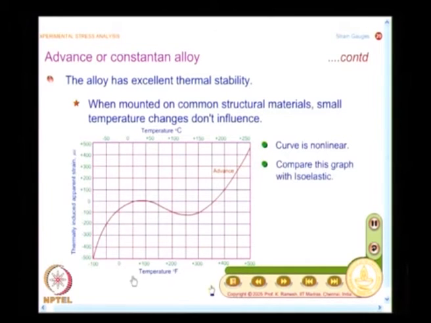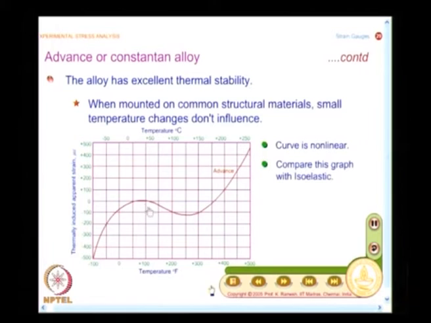So, what you have here is temperature in Fahrenheit on this axis, temperature in centigrade on this axis, and thermally induced apparent strain in microstrain. What you find is the curve is nonlinear. The moment I compare this with isoelastic, you will find this is far better.